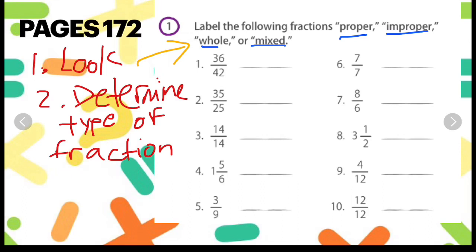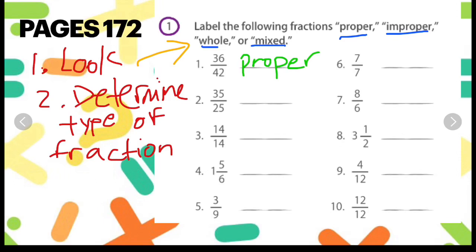Improper fraction is when the numerator is bigger than the denominator, and over here, proper. So which one do you think it is? Yes, on this occasion this is a proper fraction. Why? Because 36 is less than 42. 42 is bigger than 36. So obviously this is a proper fraction.